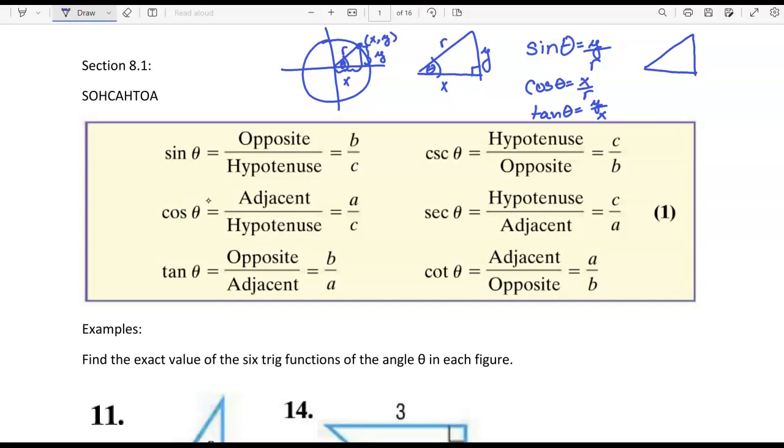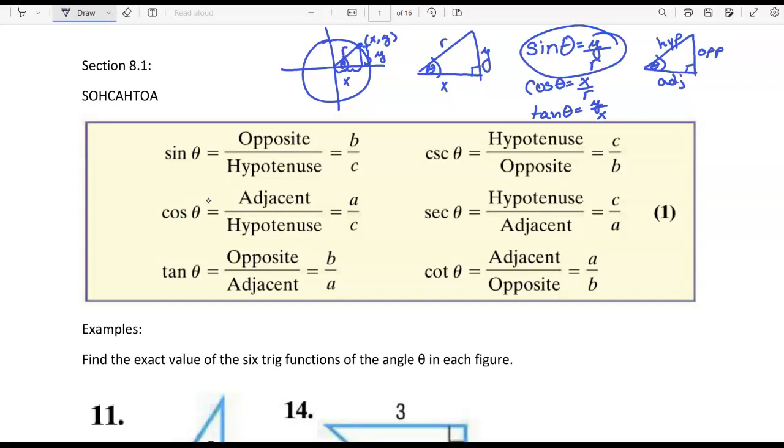With a right triangle, we have theta here, same right triangle. This guy is the hypotenuse. From theta, this would be the opposite side. And from theta, this would be called the adjacent side. So we could think about everything in terms of opposite, hypotenuse, and adjacent. Sine was y over r.